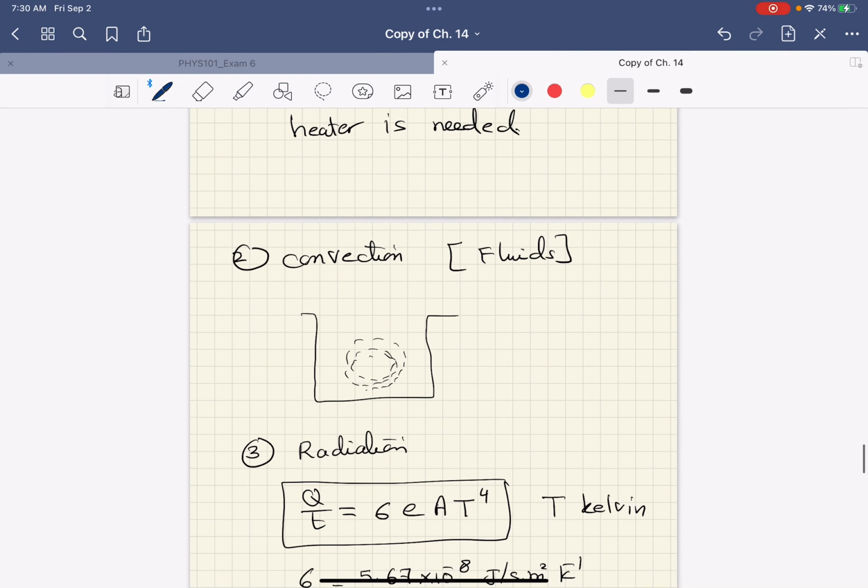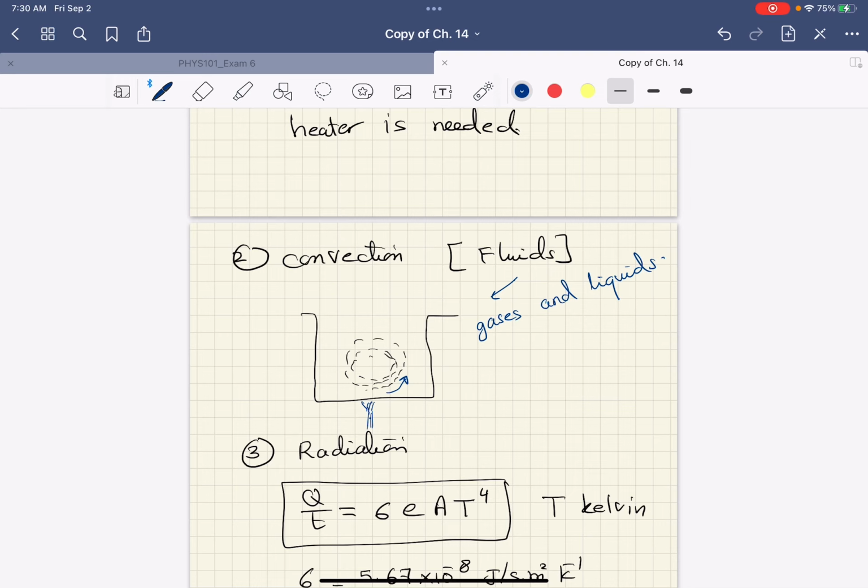The second method of heat transfer is convection, and this is in fluids. Fluids mean gases and liquids. What's happening here is that if you start warming up using anything, it's gonna create currents.